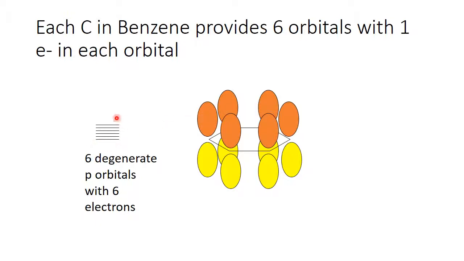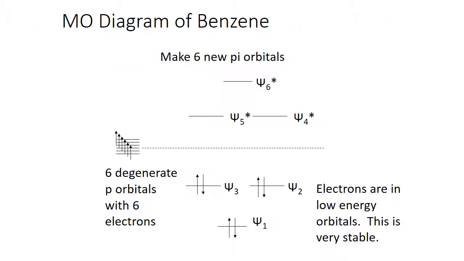We have 6 orbitals that are all at the same energy, and they're going to overlap. And when you overlap 2 orbitals, you get 2 resulting molecular orbitals, a bonding and an antibonding. When you overlap 6, you get 6 resulting molecular orbitals, 3 of which are bonding, 3 of which are antibonding.